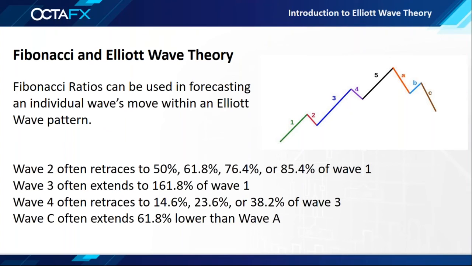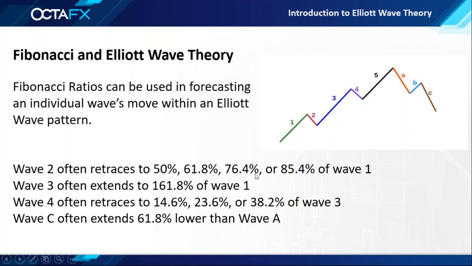For example, wave 2 often retraces to 50%, or 61%, or 76.4%, or 85.4%. These are all Fibonacci ratios of wave 1. So here we have wave 1, and here we have the retracement of wave 1. So you might be looking for price to retrace to one of these levels. That's a scenario that often plays out.